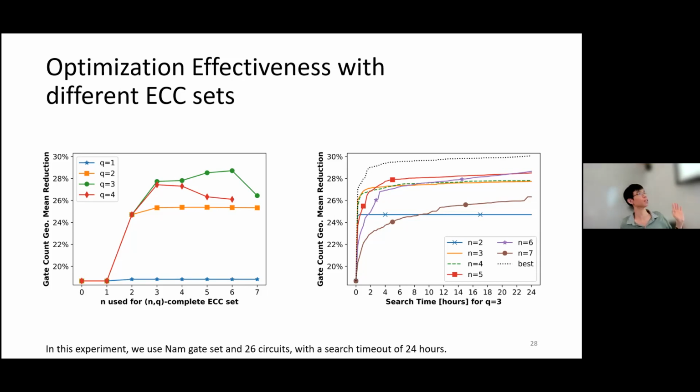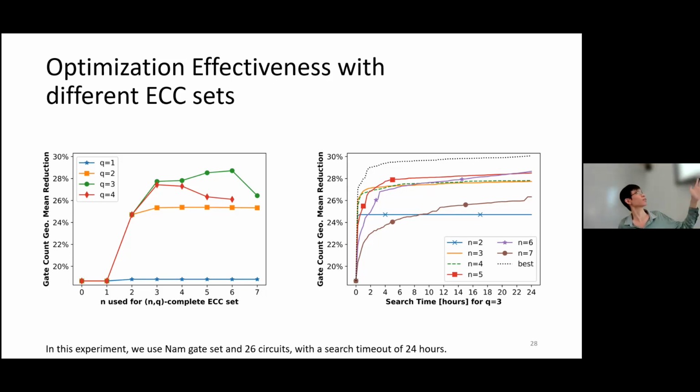And q equals 3 is the best one here. If we increase to q equals 4, then there are just too many transformations and the optimizer chokes, so even 24 hours is not enough for the optimization. You can also see that we did an experiment for q equals 3 on different n.